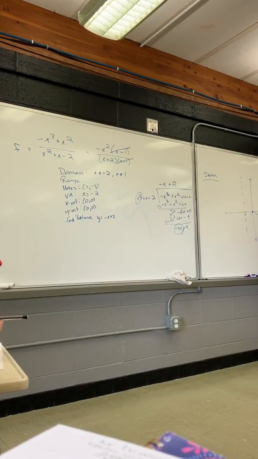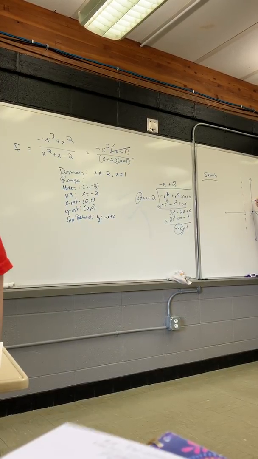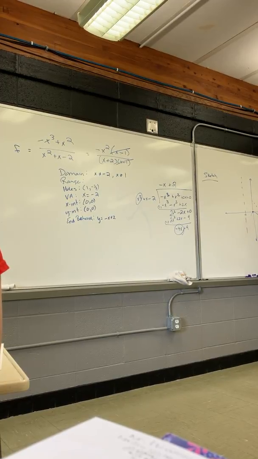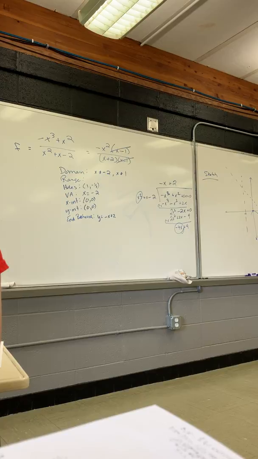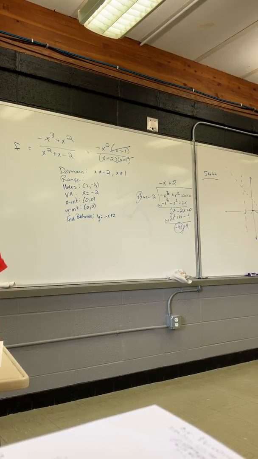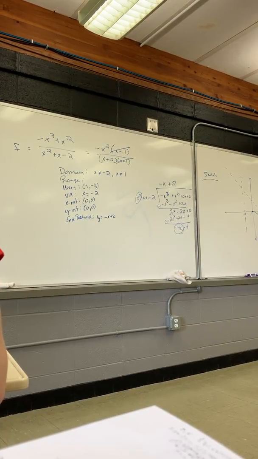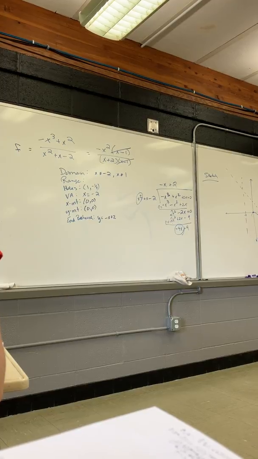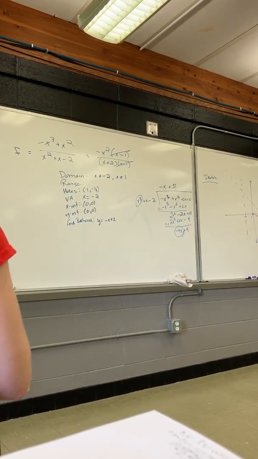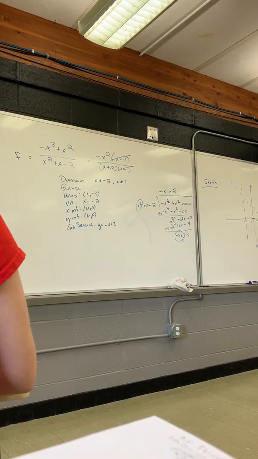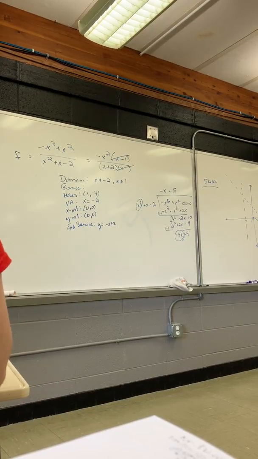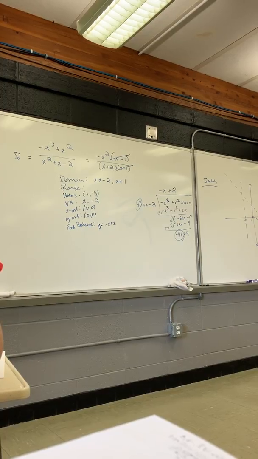Okay, so if I graph this line, I have a y-intercept of 2, slope of negative 1. That line is going to come down like that, and continue on like that. Now I just need to sketch it.